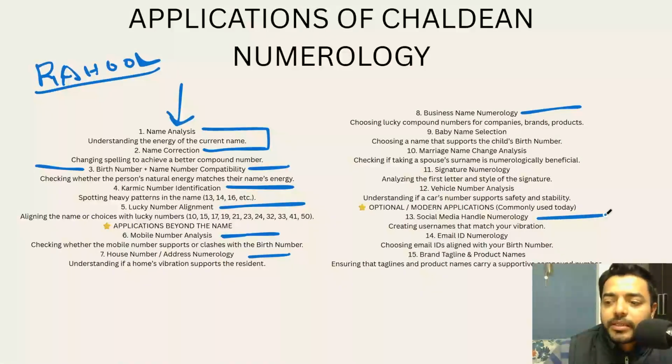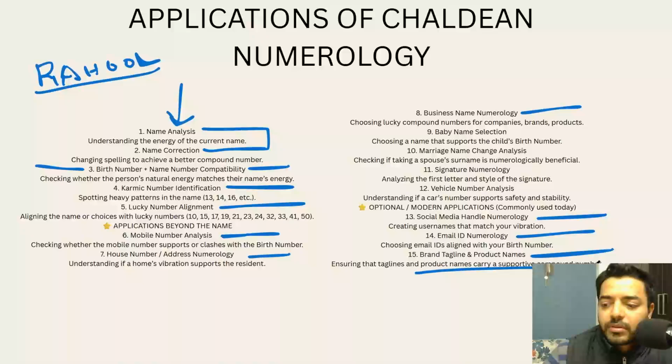And similarly, these days social media is very famous, so you can also have something like a social media handle and email ID. If you want to decide on a good email ID, then you can do this analysis. And brand tagline, if you are a soap company and if you have a brand one-liner or tagline, you can also use numerology to find if it's a lucky one or if it's a karmic one, right?